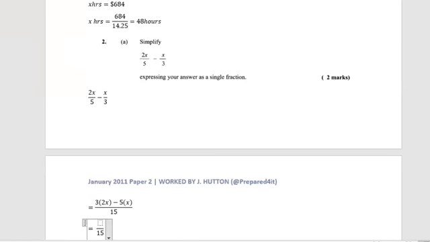It will be 3 multiplied by 2x to give me 6x, and then 5 multiplied by x to give me 5x. That's basically 1x over 15, which is the same as x over 15, and that is my answer expressed as a single fraction.